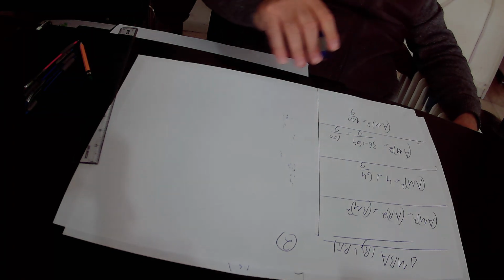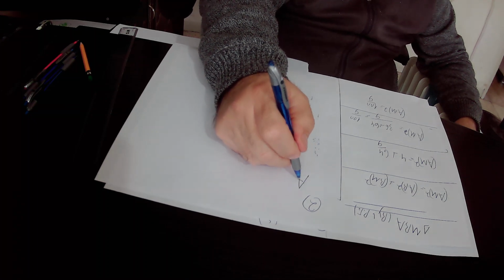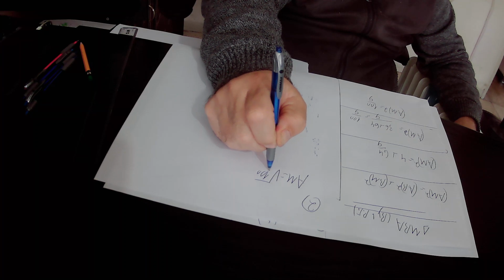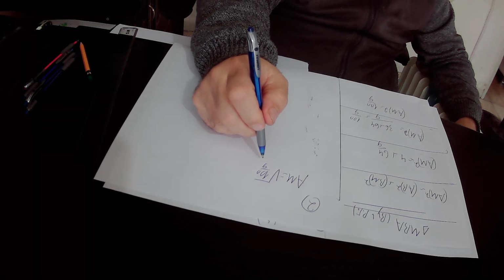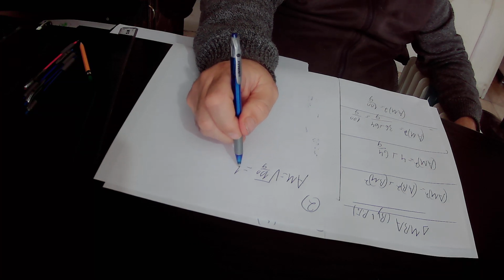Here we'll take a root of this equation, and we get that AM equals the square root of 100 over 9. The square root of 100 over 9 equals the square root of 100, that is 10, over the square root of 9, that is 3.